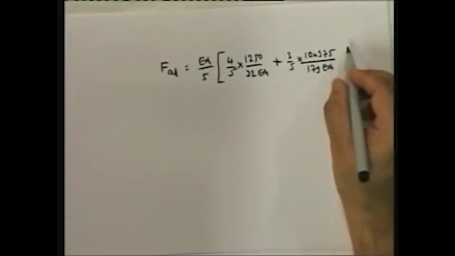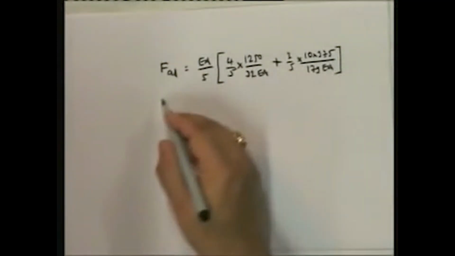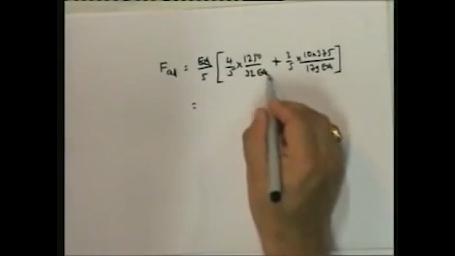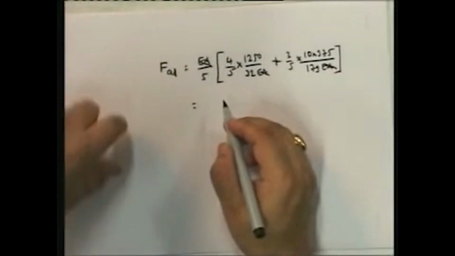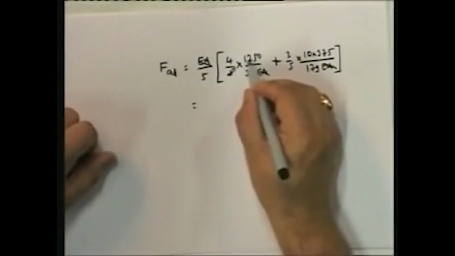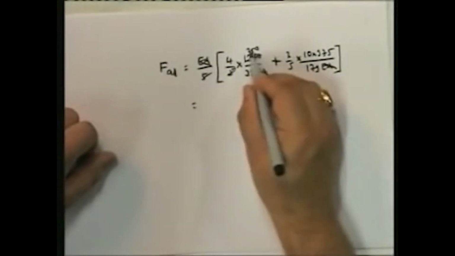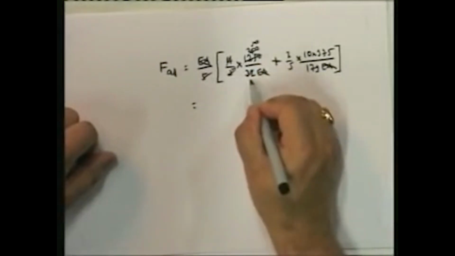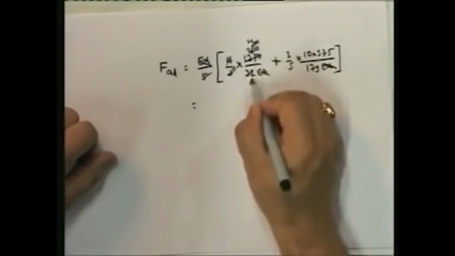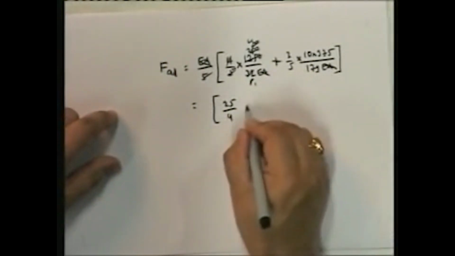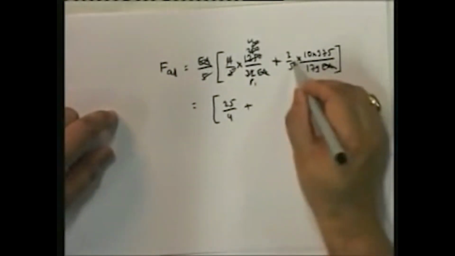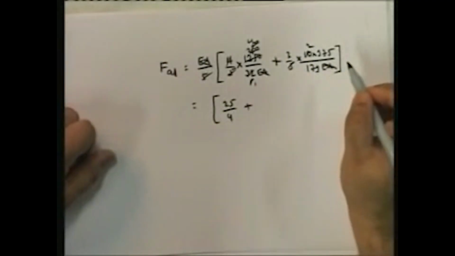Okay. So this EA cancels here. All you get is 25 by 4, so this becomes 25 by 4 plus 2.